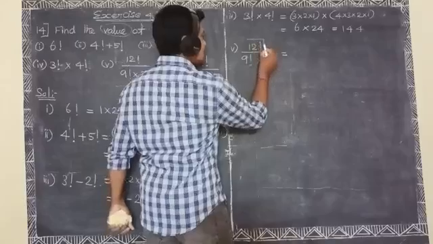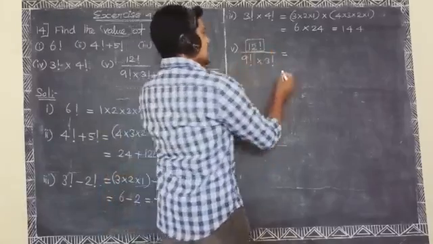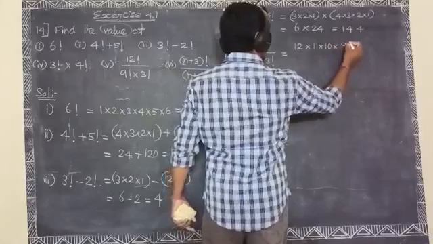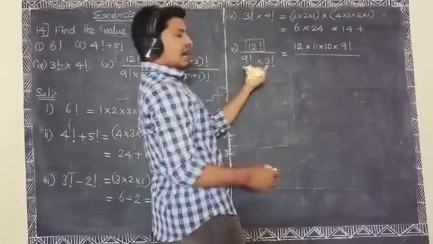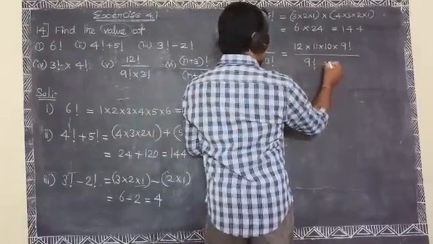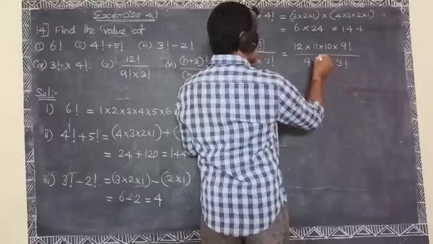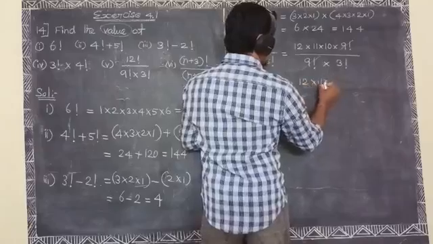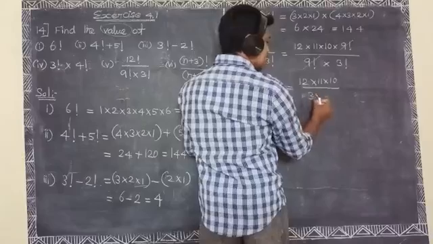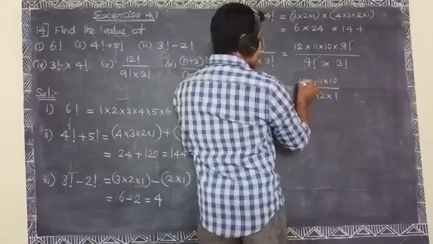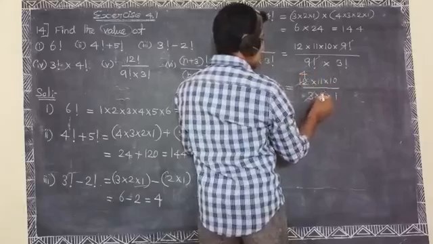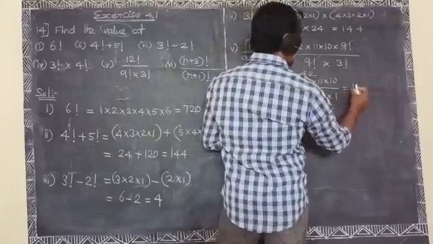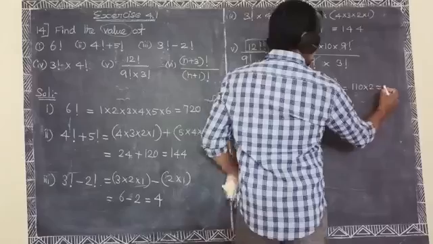In the numerator we can change 12 factorial to 12 into 11 into 10 into 9 factorial, because the denominator has 9 factorial into 3 factorial. 9 factorial are cancelled. 3 factorial means 12 into 11 into 10 divided by 3 into 2 into 1. 3 and 4, 12 means 4 times and 2 times. 11 into 10, 110, 110 into 2, which is equal to 220.